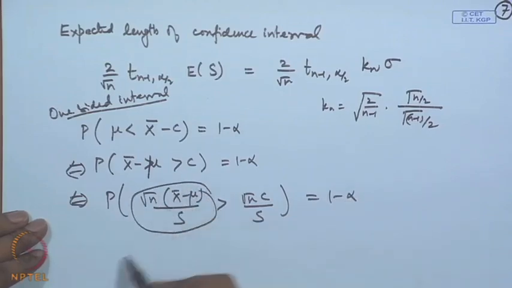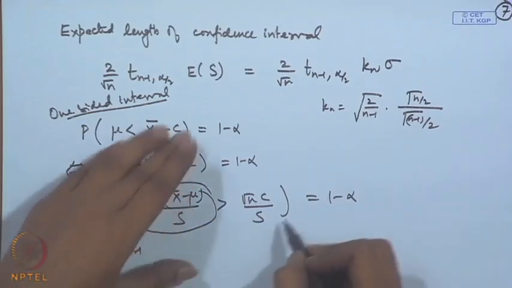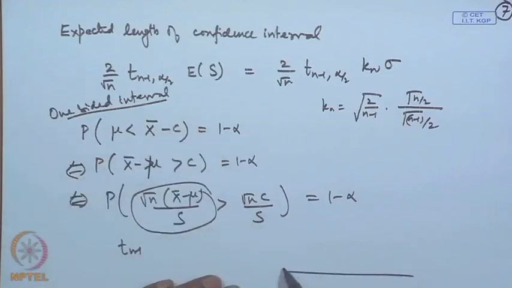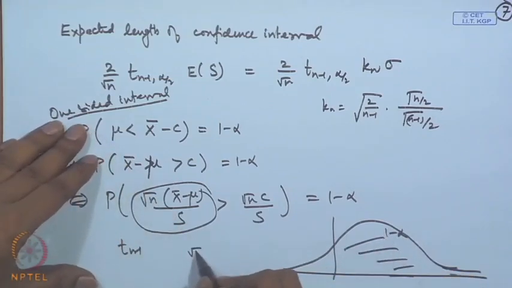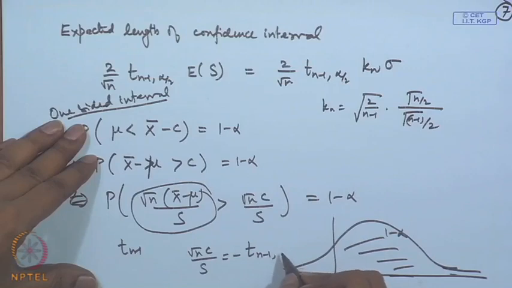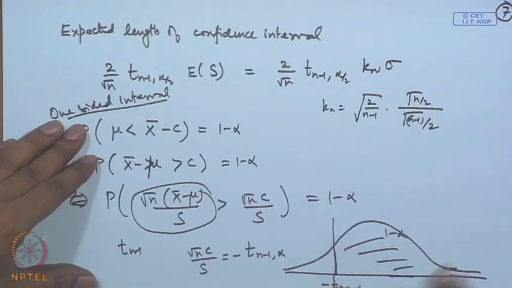Now, this is having t distribution on n minus 1 degrees of freedom. So, what we are looking at is the point on the t distribution curve beyond which the probability is 1 minus alpha. So, we may choose root n c by s is equal to minus t n minus 1 alpha. Basically, this is alpha, this is minus t n minus 1 alpha, beyond which this probability is 1 minus alpha.